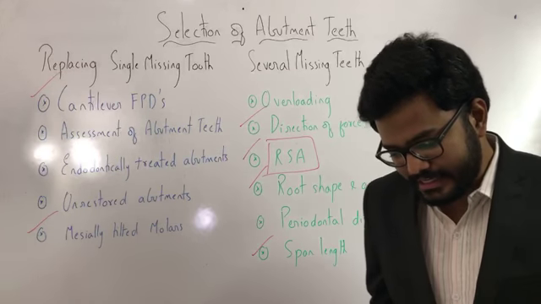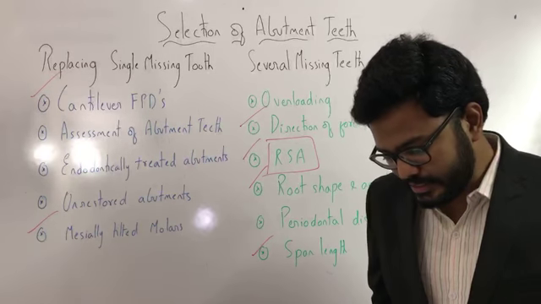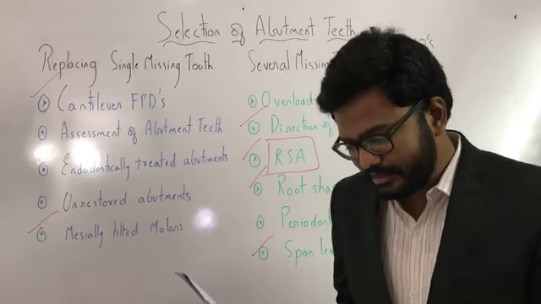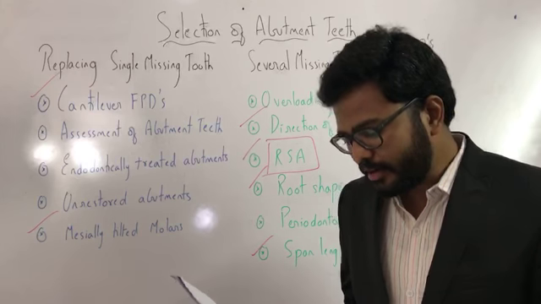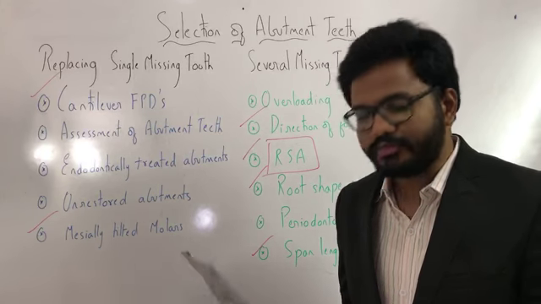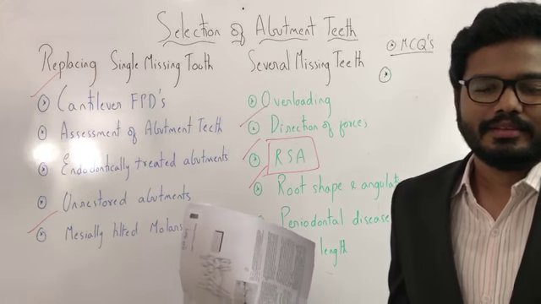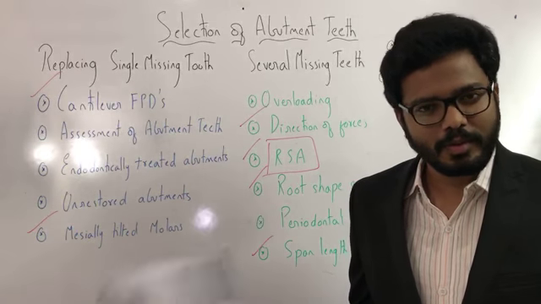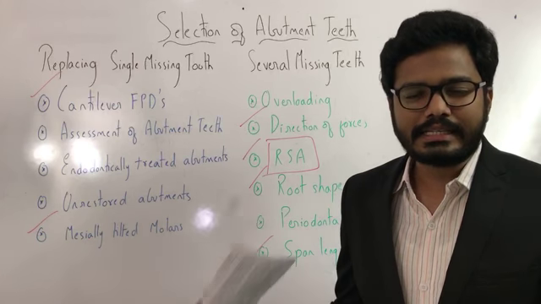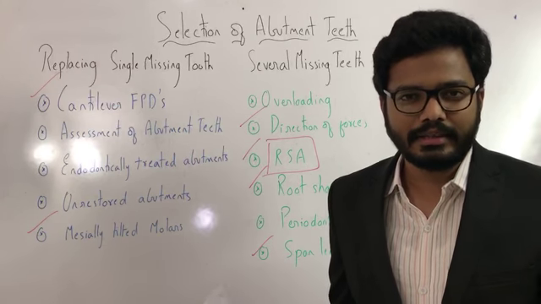Assertion states that long-term prognosis of a single abutment cantilever is poor. Reason: forces are best tolerated by periodontal structures when directed in the long axis of teeth. So first of all, as you said, both statements are true. Good, agreed. But what about the reason? Do you think reason is justifying the assertion or not?